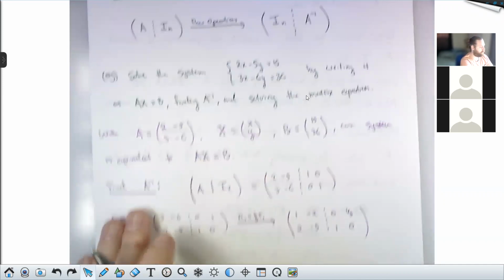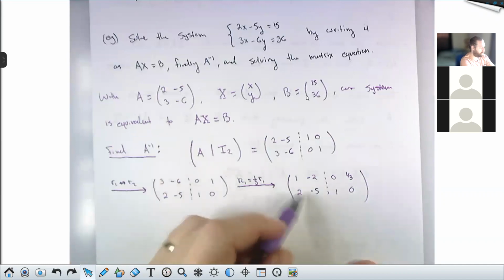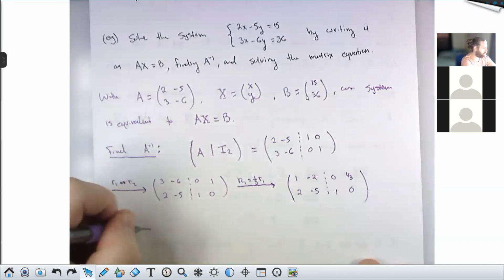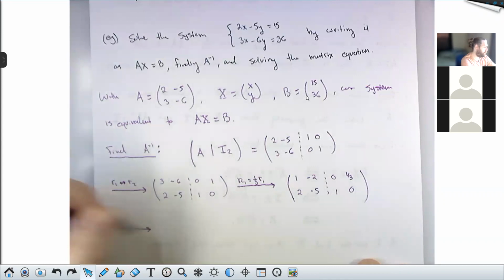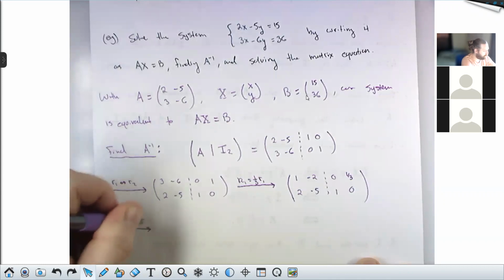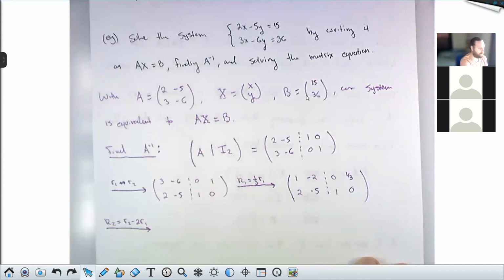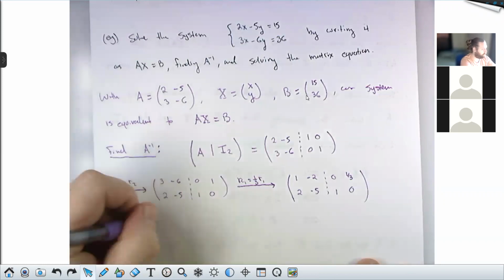My next row operation would be to knock out this 2 down here. And in order to do that, I'll say my new row 2 is my old row 2 minus 2 copies of my row 1. In other words, I'm going to multiply this row by -2 and add it to this.